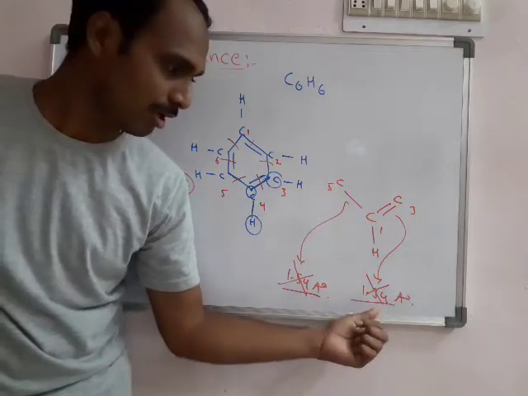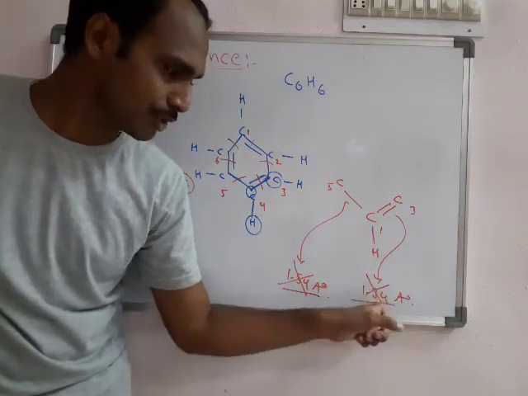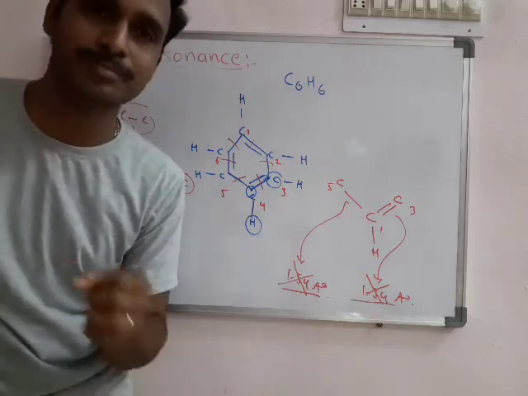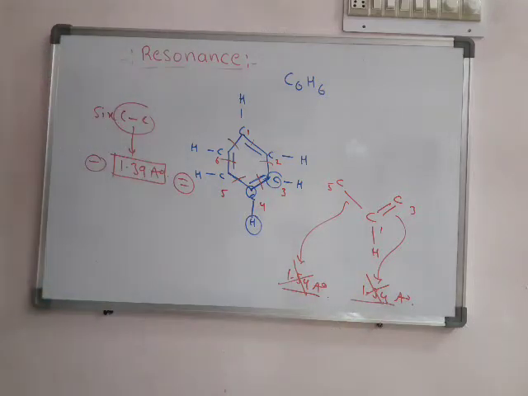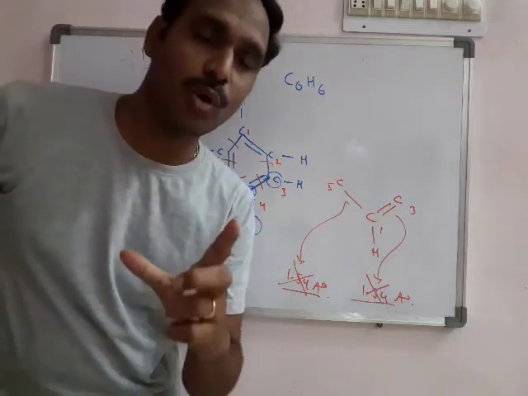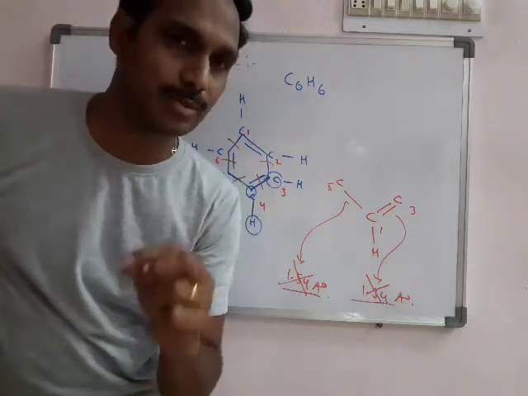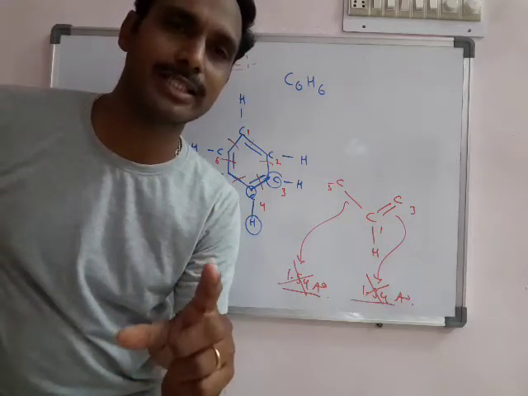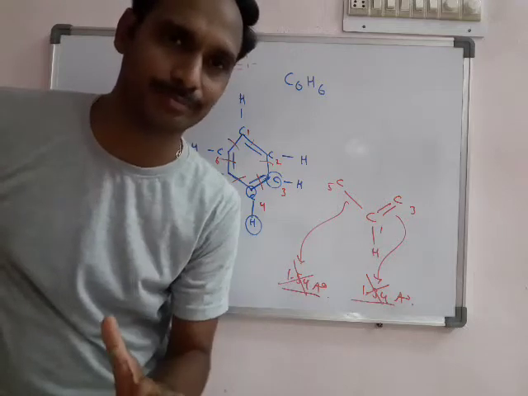Why is there no 1.34 and why is there no 1.54? Only by taking a new concept, resonance, are we able to understand why the bond length is 1.39 angstrom.